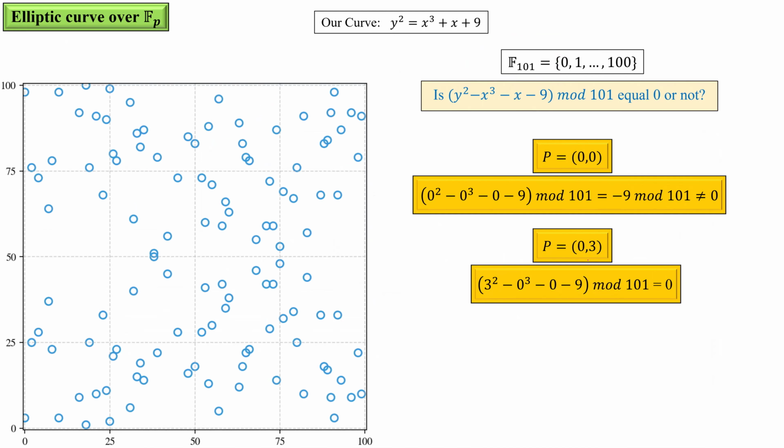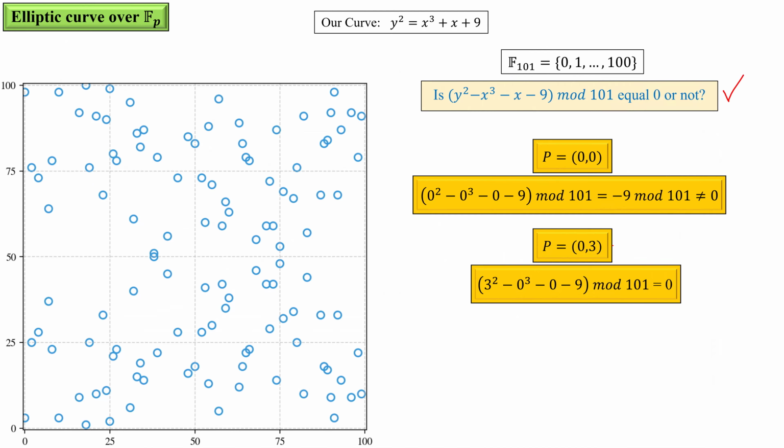So if we check different points from the field F sub 101, you will see that these blue circles are showing the points that are accepted because they are satisfying this condition, right?